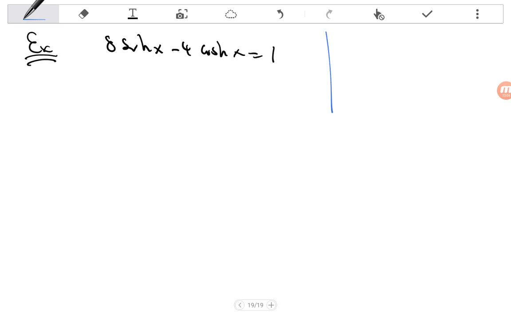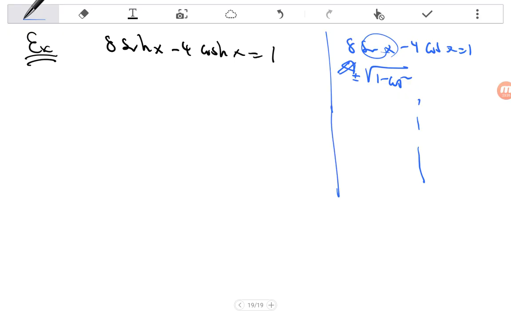If I had 8 sin x minus 4 cos x equal to 1, and solved it in terms of trigonometric functions, we would need to put roots. We would need to put the root of 1 minus cosine squared, and that root will be plus or minus. So we need to square, and we need to check the angles in which quadrant, and so on. That equation will be a cumbersome equation for us to solve.